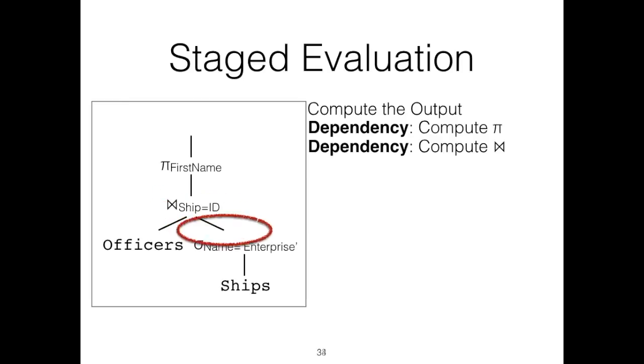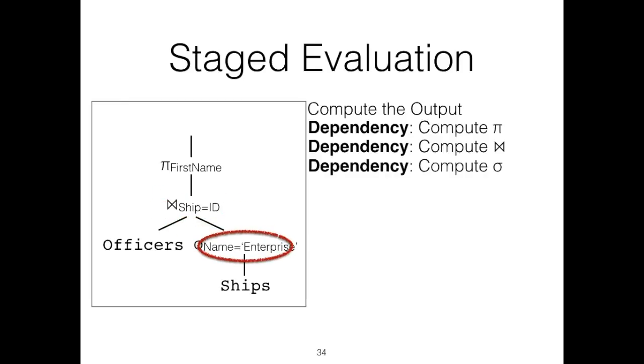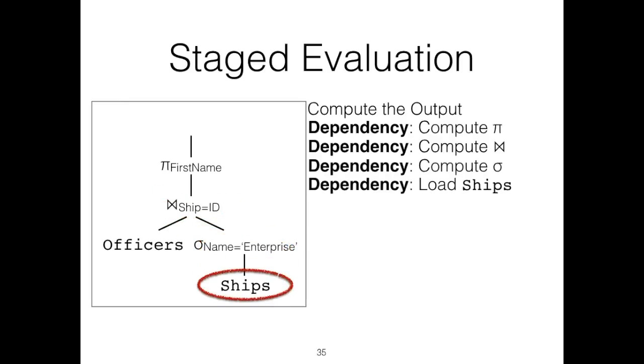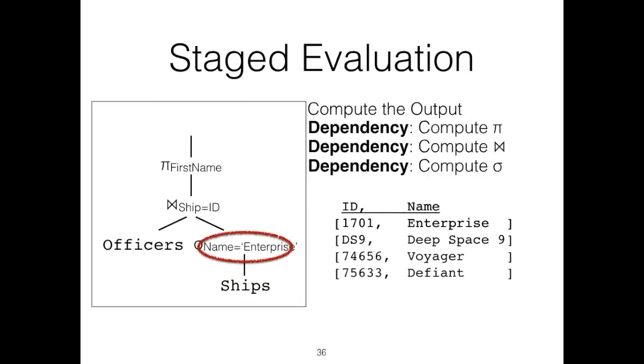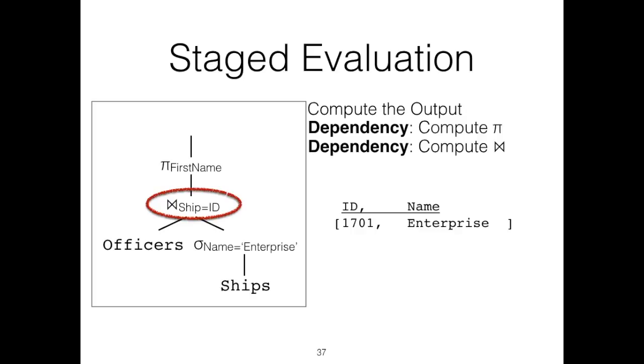If you want to compute the join, first you have to compute the selection, and if you want to compute the selection, first you need to load your table. So you conceptually go down through the tree and find a leaf. Once you reach a relation, you load it in, compute the selection on top of that, and keep going up the stack.